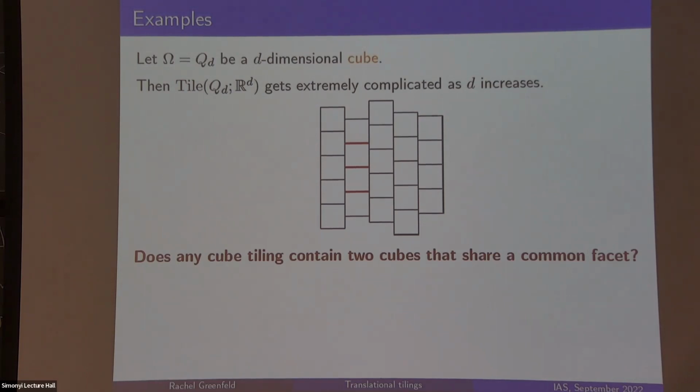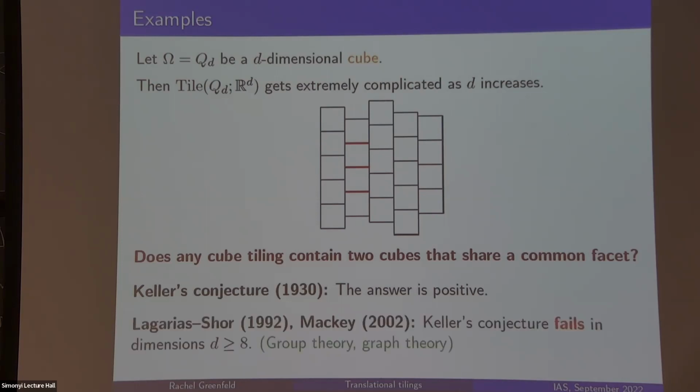So the picture here hints that the answer should be positive, at least in 2 dimensions. And Keller conjectured in the 30s that the answer is positive in all dimensions. But after a lot of work, it took more than 60 years until a counterexample to Keller's conjecture was constructed in dimensions 8 and higher, using graph theory and group theory methods.